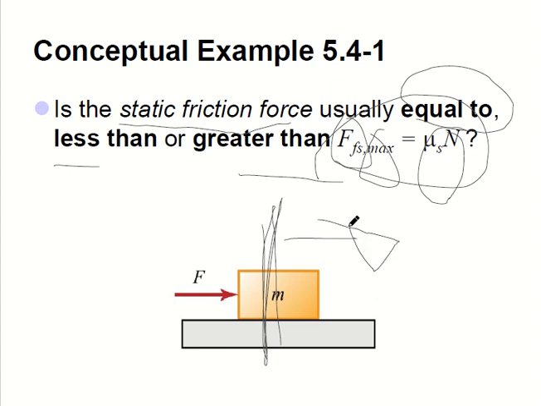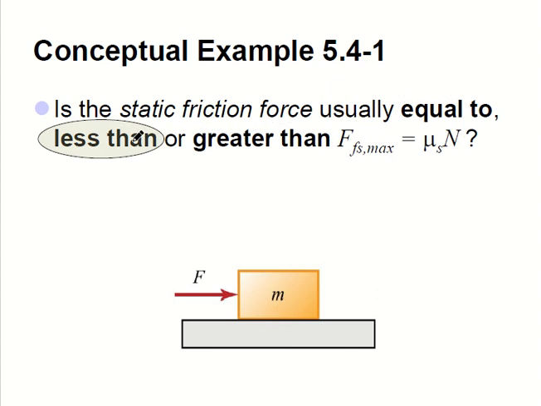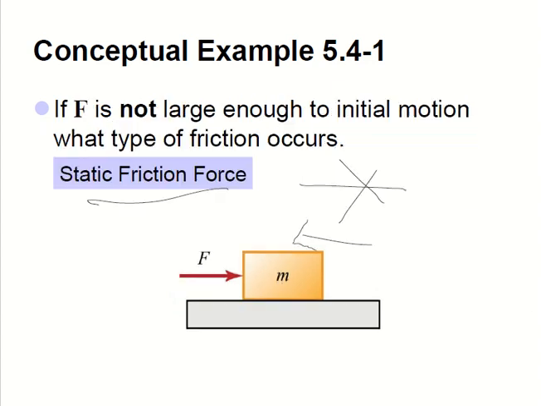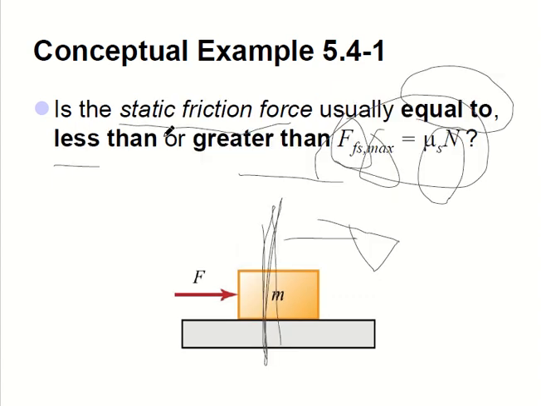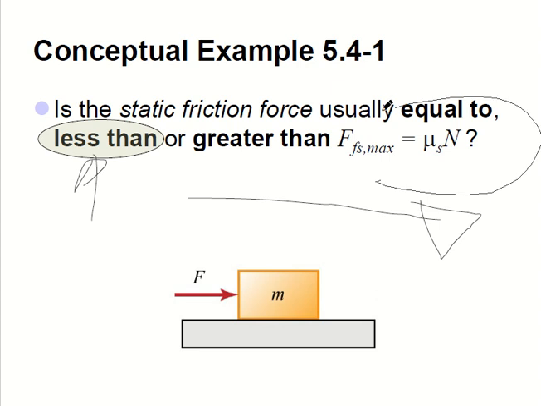And now you have to understand whether this static friction force is equal to, less than, or greater than. Now it's got to be less than, because you're going in that direction. Not enough for initial motion, static friction. The static friction force usually has to be less than your Fs maximum, so you are comparing your static with a maximum. It's got to be less than that.